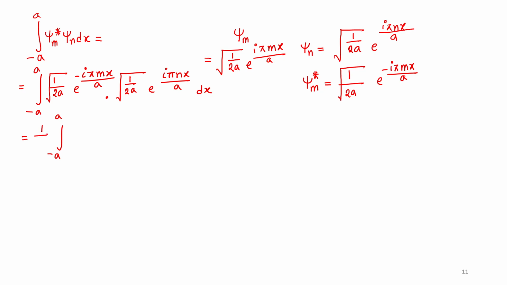I will take 1 by 2a outside, obviously, and inside the exponential, I have i pi x by a times n minus m, something like this. Okay.